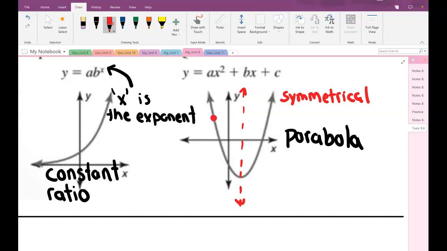So this point and this point are going to have the same y coordinates, but not the same x coordinates. What we'll do today is work with points and tables, and then on your homework you'll have a few graphs too. You'll say whether it's linear, quadratic, or exponential.